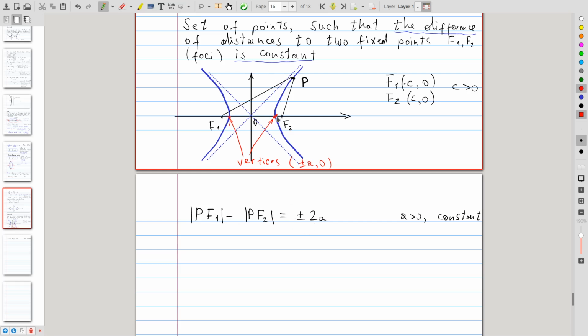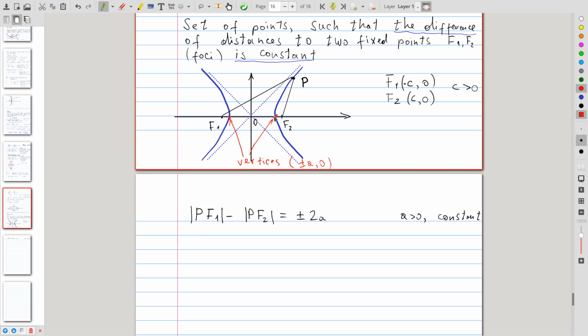It's not hard to check that if you look at the x-intercept, the difference of distances to the two foci is precisely the distance from this red vertex to the origin.